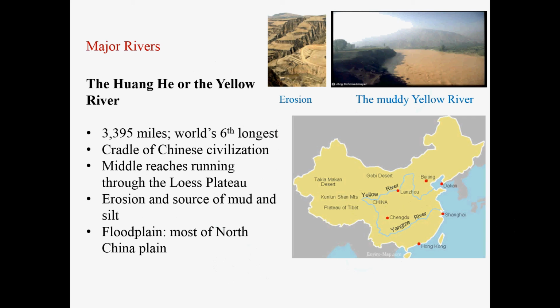It carries a lot of silt and sediment with it, and brings them to the lower reaches of the river and deposits them there, forming the North China Plain. Of course, there are also some small local rivers which contribute to the formation of the North China Plain, but mainly it is because of the Yellow River.